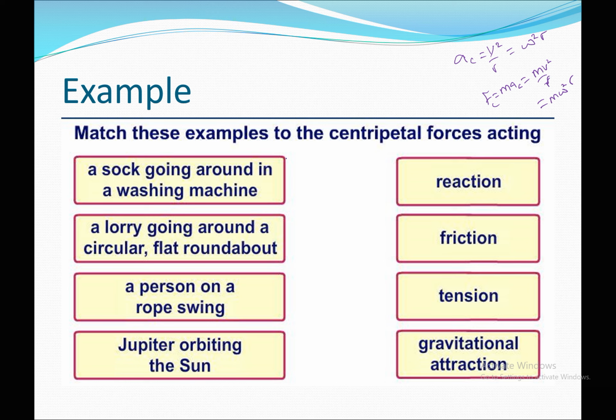Okay, match these examples to the centripetal forces acting. A sock going around in a washing machine.